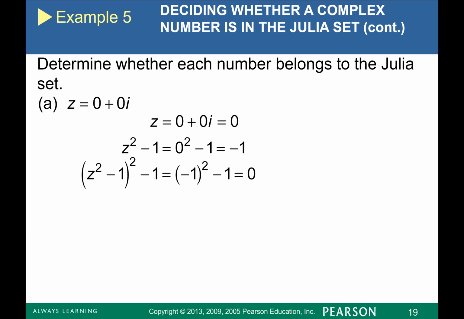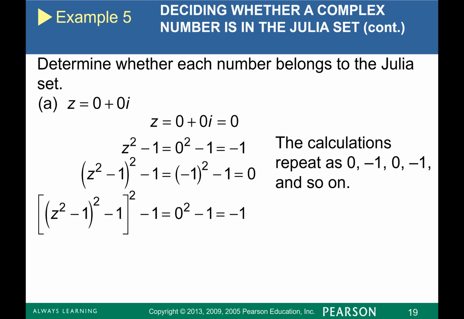You okay with that? Yeah, I think so. And so you just continually plug that in to figure it out. So this time we got -1. And then you'll plug -1 into this one. These are just going to repeat.